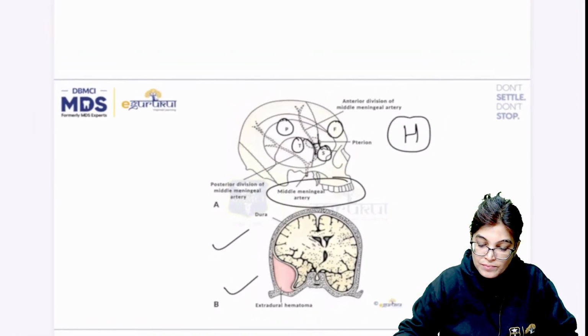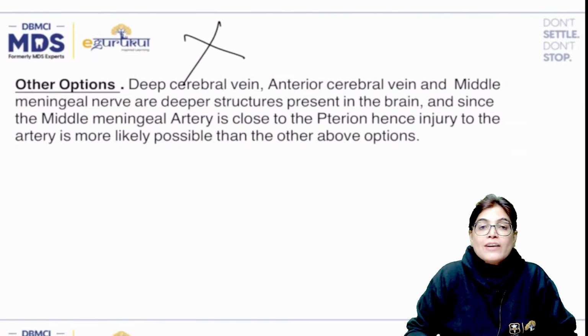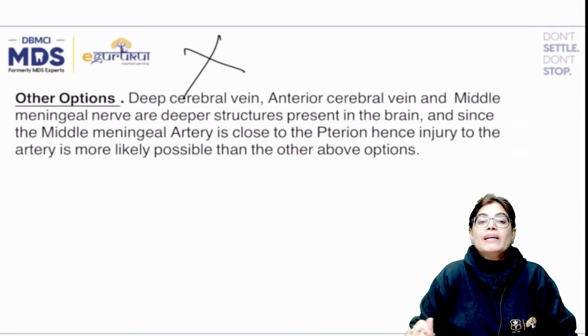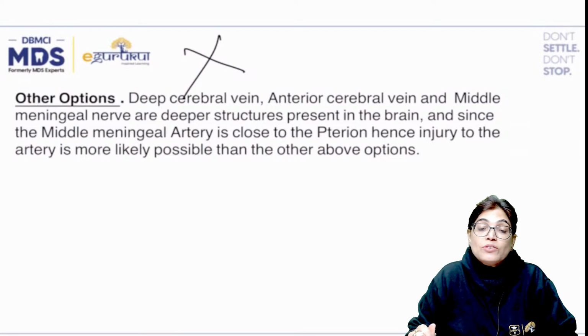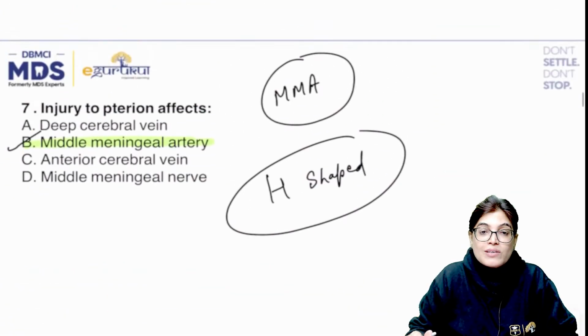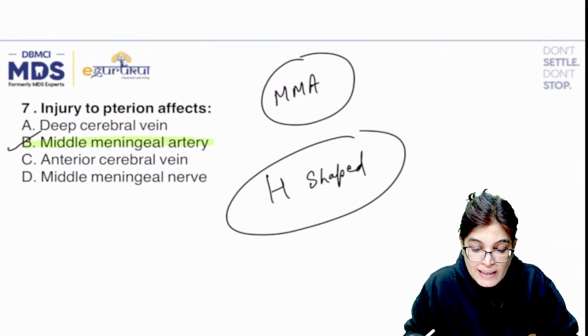The other options are wrong: deep cerebral vein, anterior cerebral vein, and middle meningeal nerves are not related to the level of Pterion. The stem of the lateral sulcus or Sylvian sulcus is related to the level of Pterion on the inner aspect.